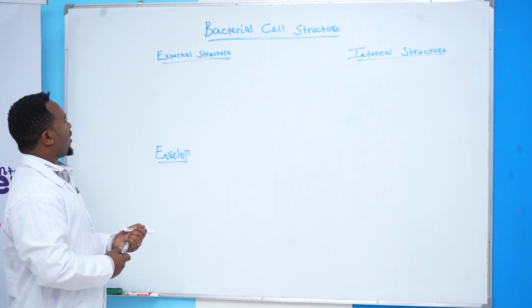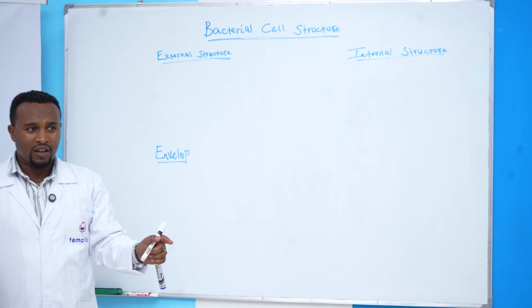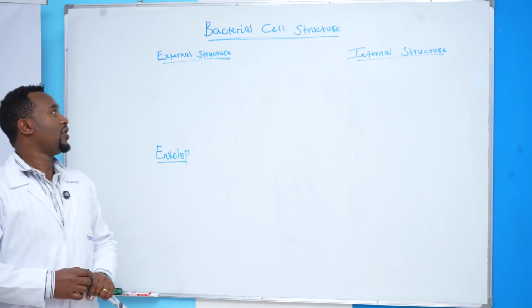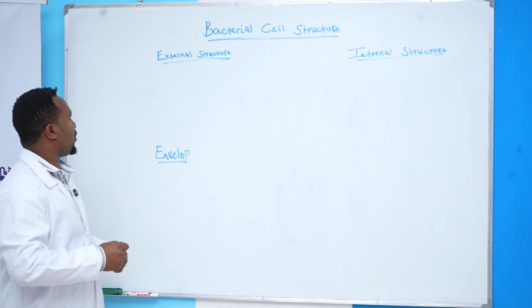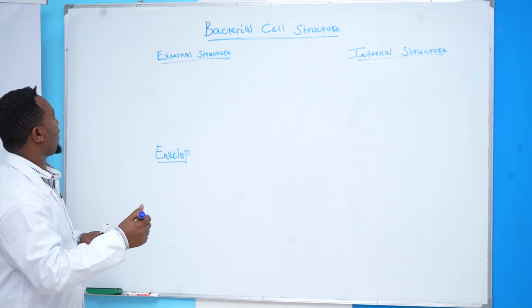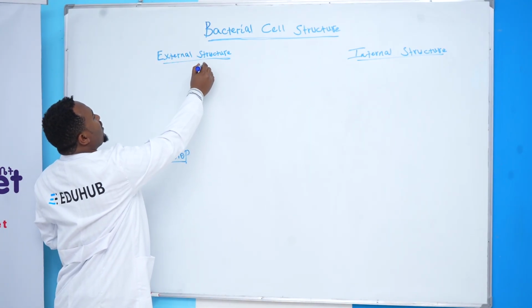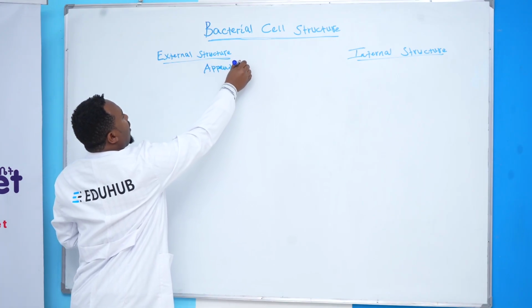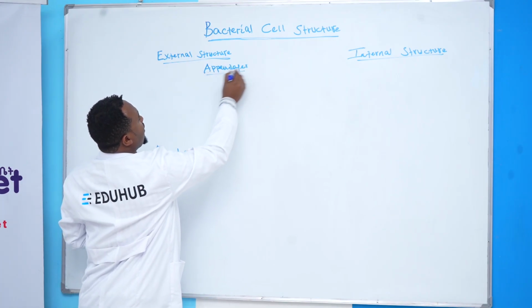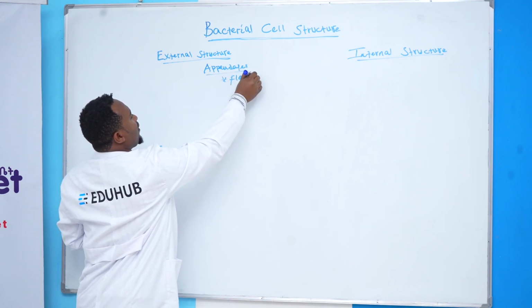The external structure generally helps them in invading the host cells and also in movement, or motility function. Let's classify the external structure of bacteria into appendages. There are three basic appendages. The first is the flagella.